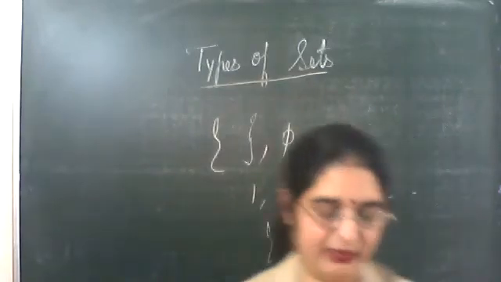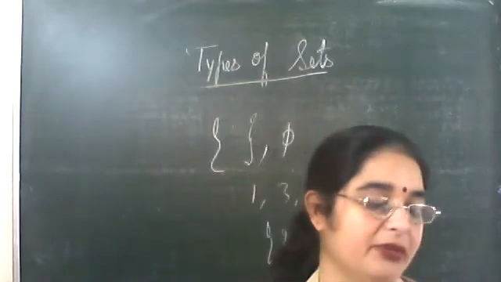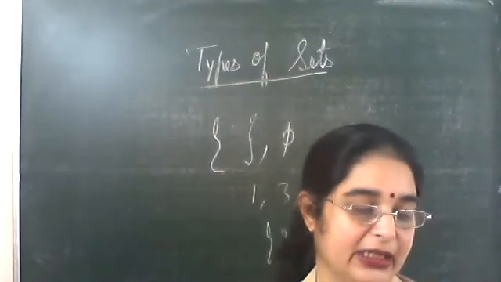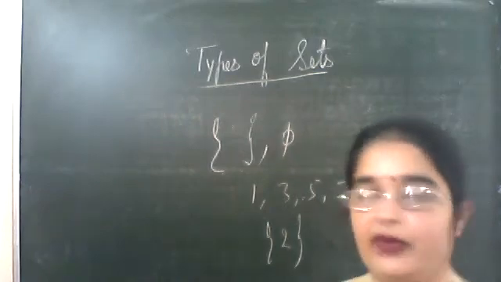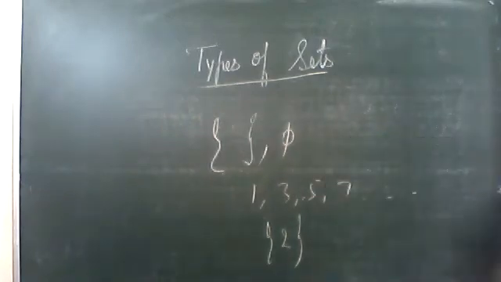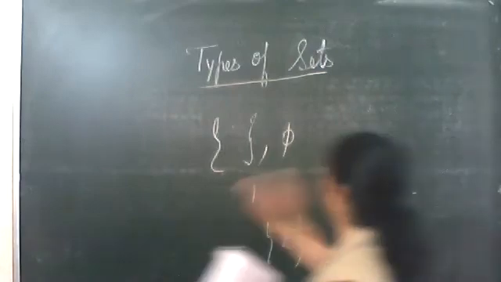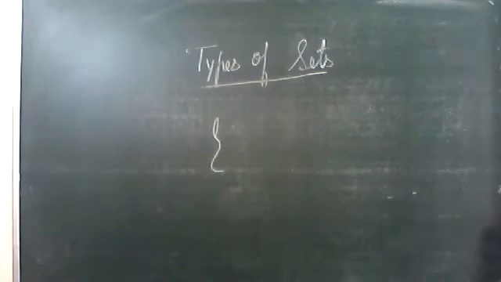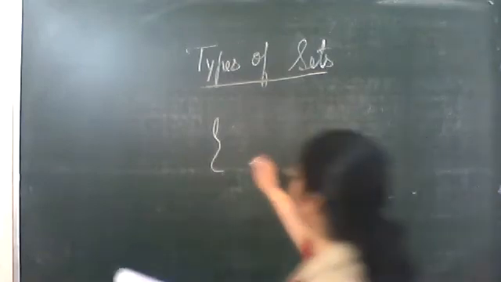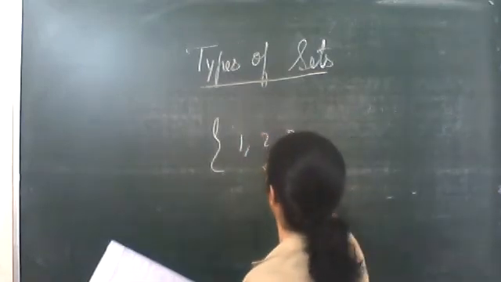Then next we are having x, where x is a natural number, x is less than 5 and x is greater than 7. Natural numbers less than 5 means 1, 2, 3, 4.